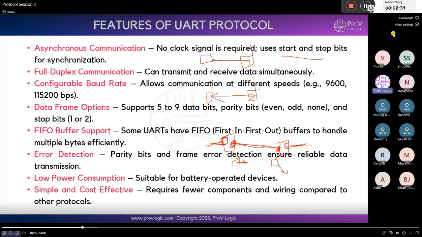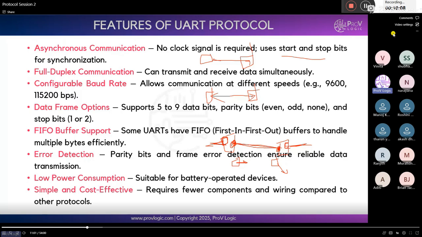Next, configurable data baud rate. Baud rate is nothing but speed, at what speed you are going to transfer the data. If you connect a clock between two devices or two blocks, based on the clock frequency we can estimate at what speed the transfer is working, and at which rate the number of bits is going to transfer. But here we are not using a clock.